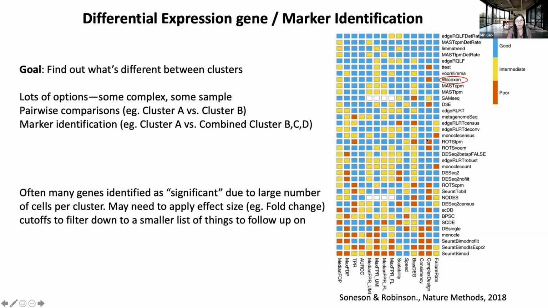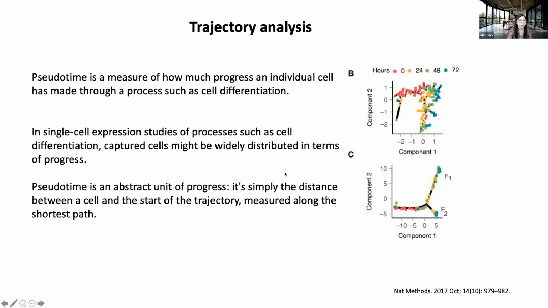Here we list the many methods that can be used to do the differential expression analysis or identify the marker genes. The popular ones, such as the Wilcoxon test, is the default used in Seurat, and is also popularly used in Scanpy for identifying the marker genes. And the single cell RNAseq dataset can also be used to do the trajectory analysis.